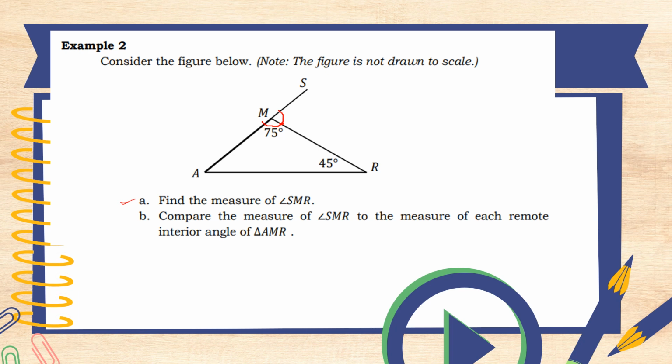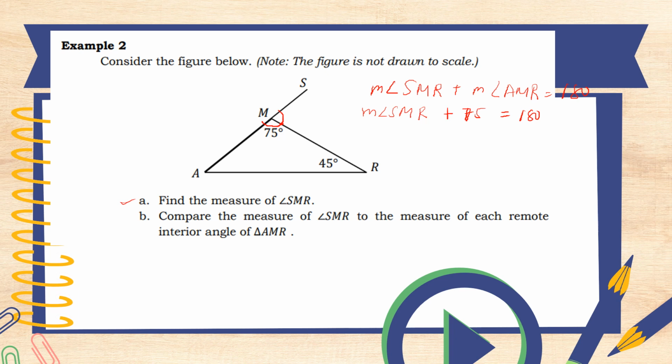So, for us to find the measure of angle SMR, we need the measure of angle SMR plus the measure of angle AMR equal to 180. The measure of angle SMR is unknown, plus the measure of angle AMR is 75, equals 180.